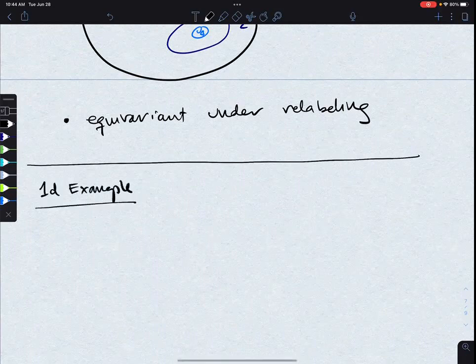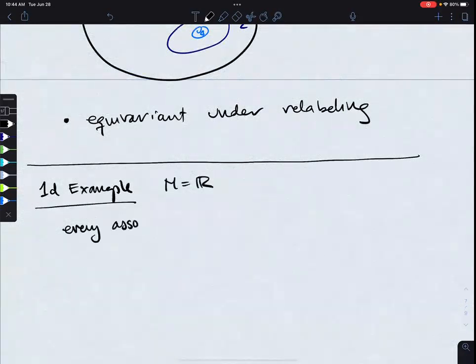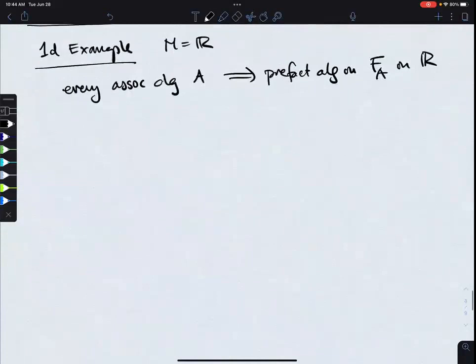Really quick, let's say that M is the real line. I'm going to show that every associative algebra A produces for you a pre-factorization algebra. We call it F of A on R. So I'm going to give you guys a pop quiz.